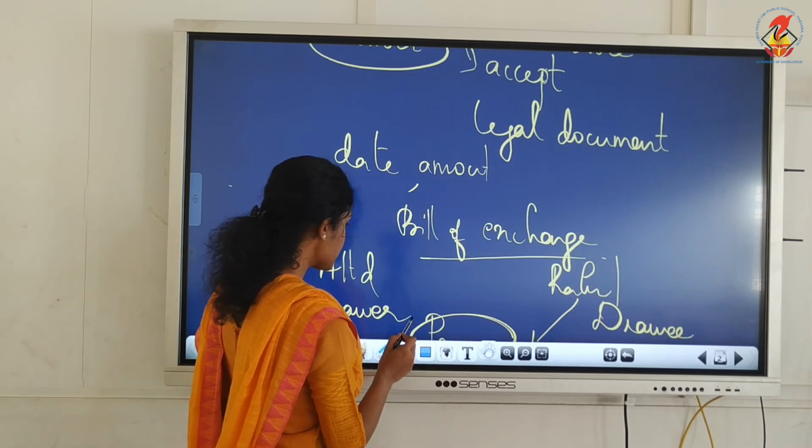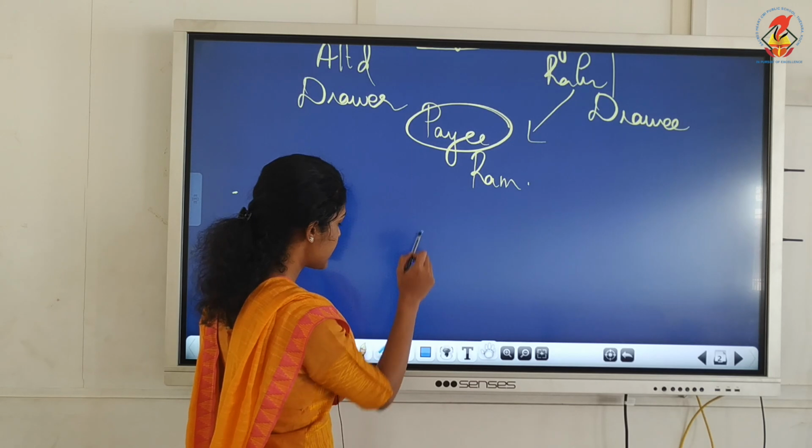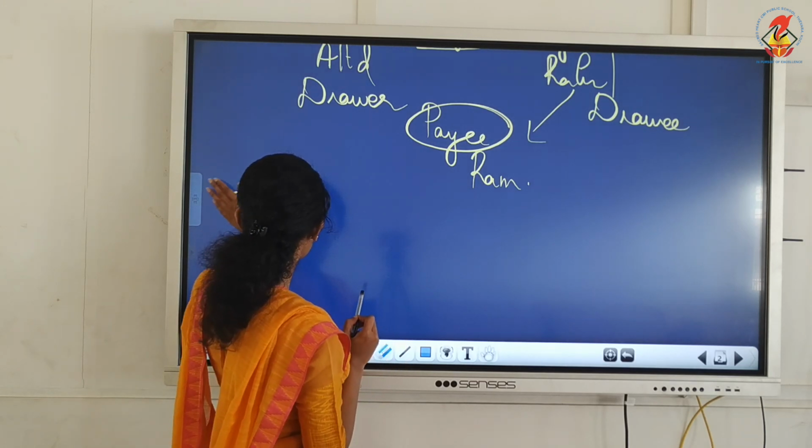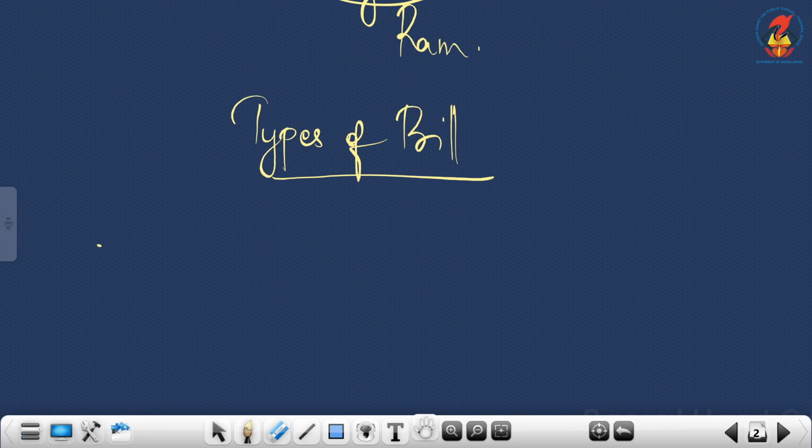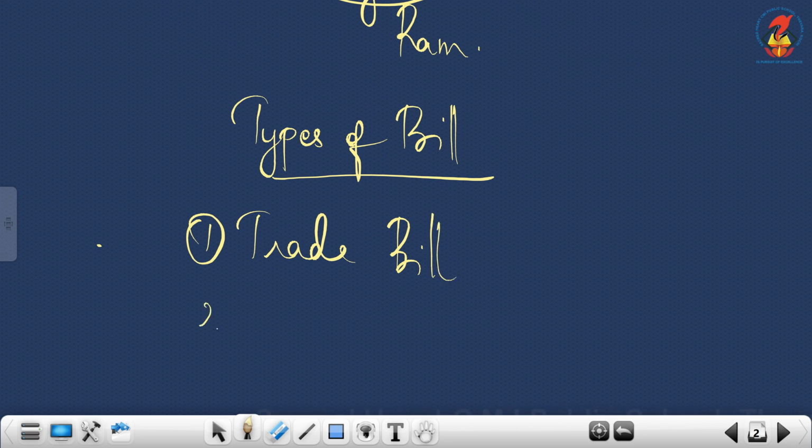The next term what you need to learn is types of bill. One is trade bill, second is accommodation bill.